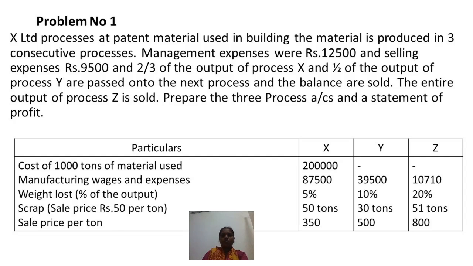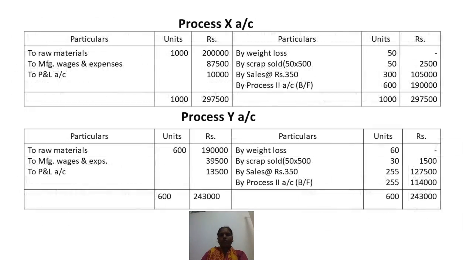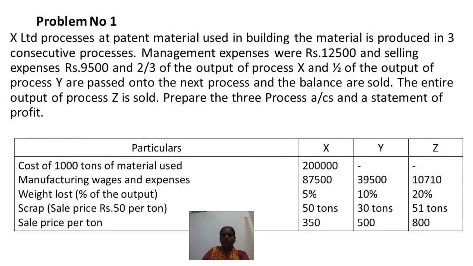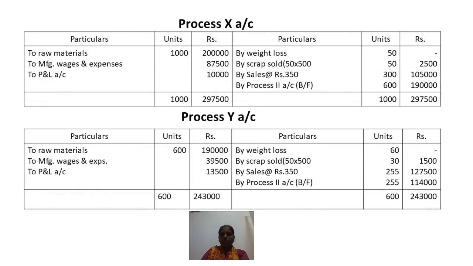So we have to write the scrap sold. Weight loss is given as 5%, 10%, and 20%. So under the units, 5% is to be considered, that is out of 1000, 5% is 50.